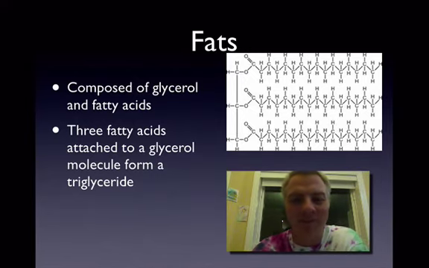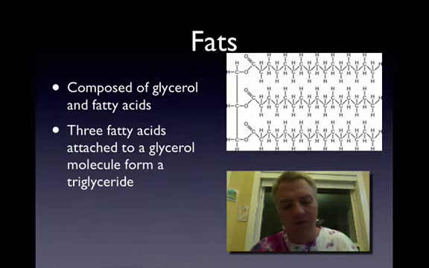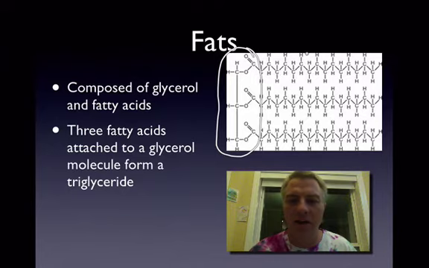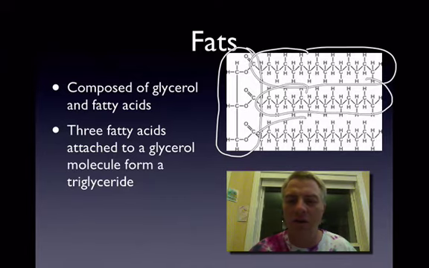Let's talk about fats. There are 2 parts to them. You have your glycerol molecule over here, and then you have 3 fatty acids. There's one there, and one way over there.